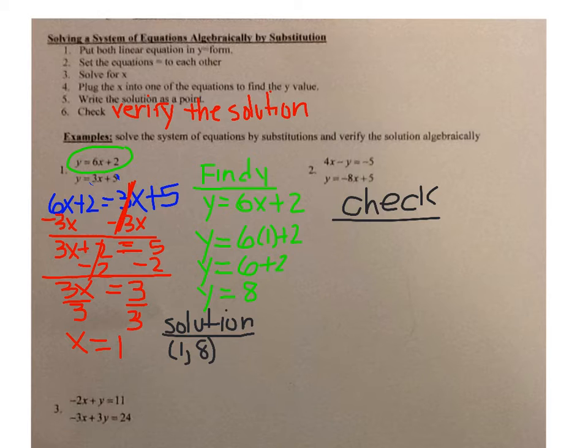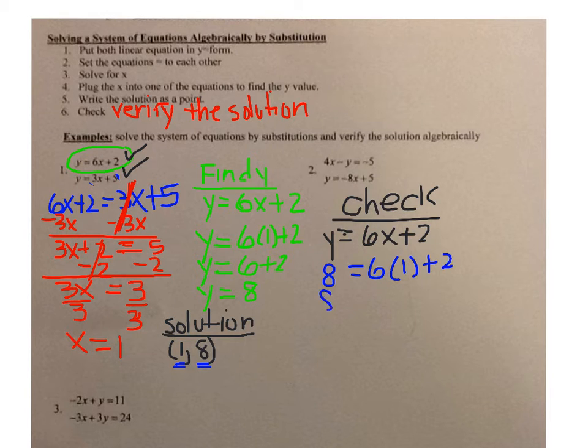All right, when you do the check, you're checking both equations. So you're going to have two checks. So write down the equation, y equals 6x plus 2. That's the first one. I'm plugging in y is 8 equals 6 times the x. X is 1 plus 2. 8 equals 6 plus 2. 8 equals 8.